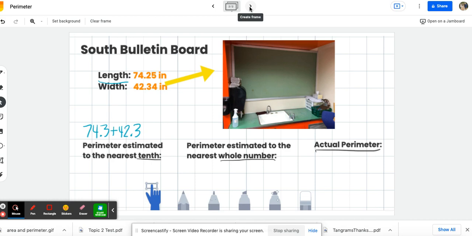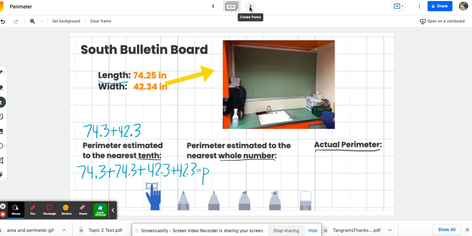So down here, I'm going to do 74.3 plus 74.3 plus 42.3 plus 42.3. All right, so now that is my equation. So I could say equals P for perimeter.